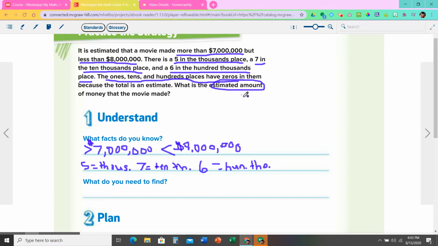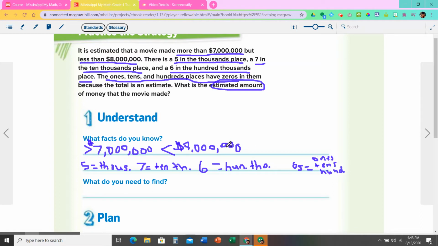And the ones, tens, and hundreds have zeros in them. So I'm going to say zeros equals ones, tens. Sorry, Anna Claire. It's just so hard with my mouse, and hundreds. All right, so there's my facts.